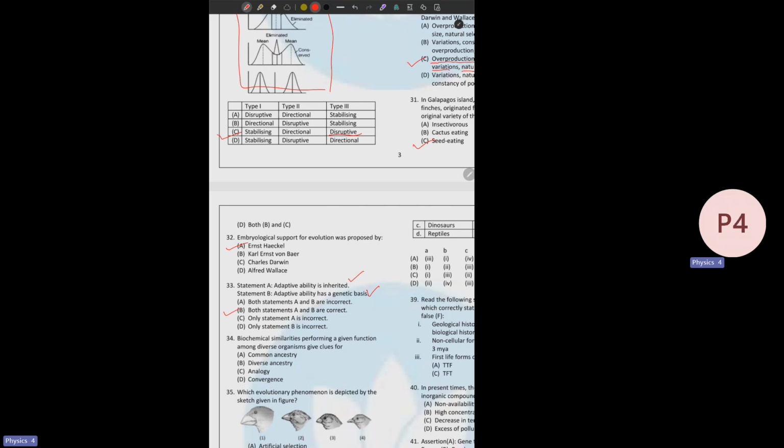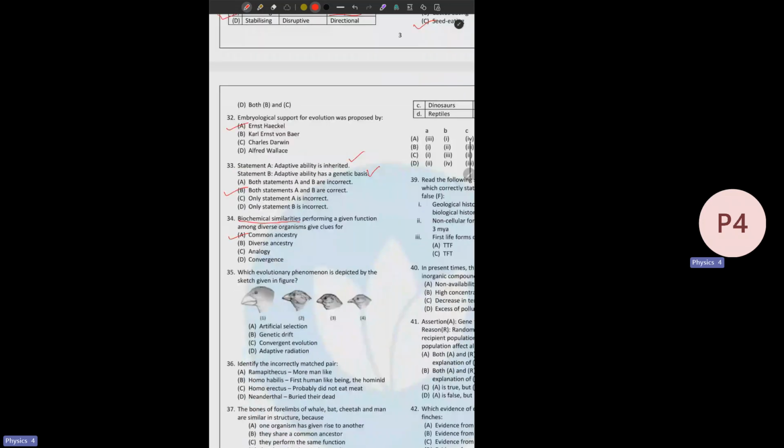Next, biochemical similarities in performing a given function among diverse organisms give clues for common ancestry. Yes, because we are talking about biochemical similarities. This is Darwin's finches. Diagrams are given, and straight away the answer will go with adaptive radiation.